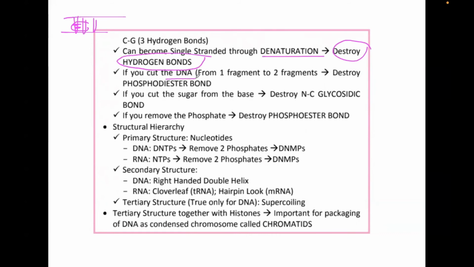If you cut the DNA from one fragment to two fragments, you destroy their phosphodiester bond. And if you cut the sugar from the bases, you destroy the N-glycosidic bond. If you remove the phosphate, you are basically destroying the phosphoester bond. And this is the structural hierarchy of your DNA and your RNA.